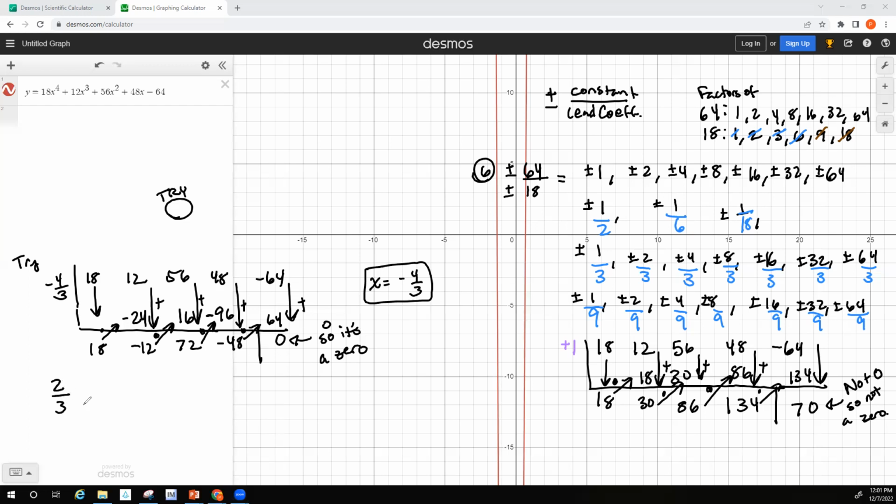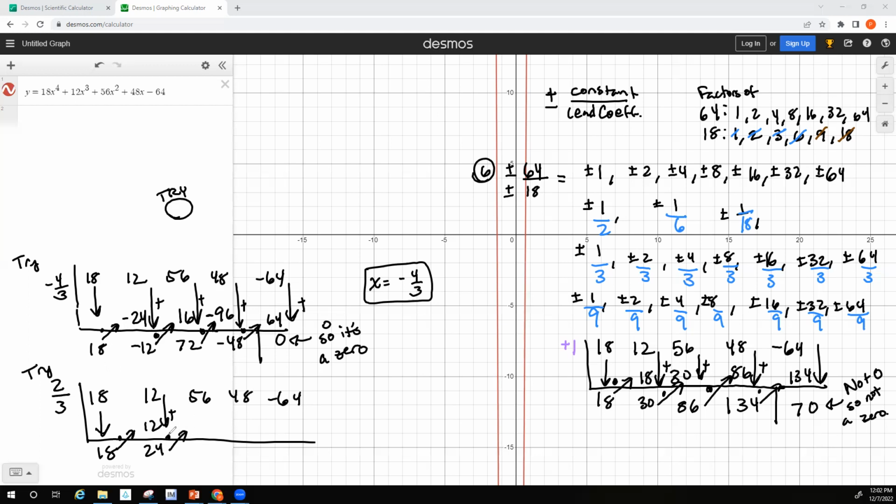So this is what we had to do. Use a graphing calculator and then check. What's the possible one? So 18, we can actually plug in these if you want. Make it less work. I'll just put the original: 18, 12, 56, 48, and -64. Bring it down, we get 18. Multiply, we get 12, add, 24.